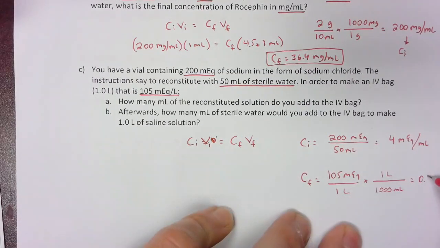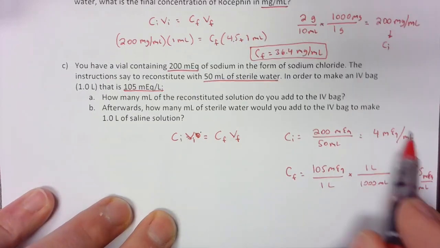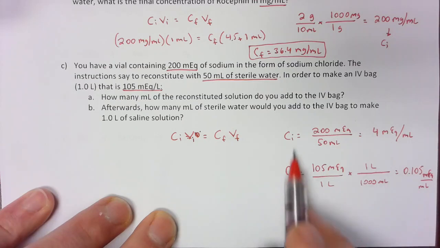And that's 0.105 milliequivalents per milliliter. So you can see my stock is going to be more concentrated than the final concentration. That should always be the case.